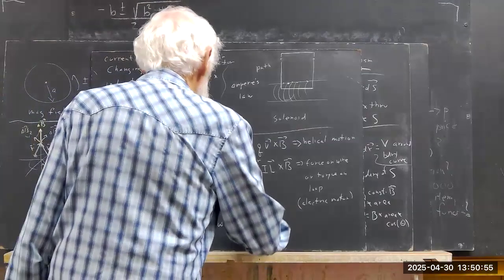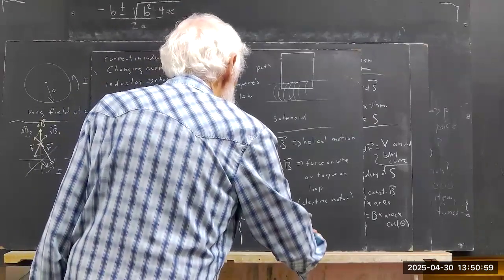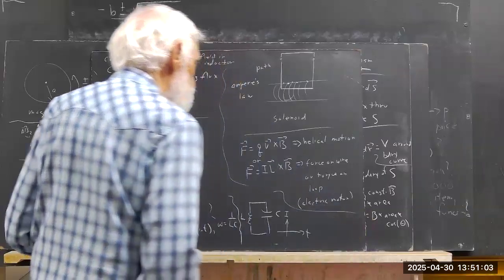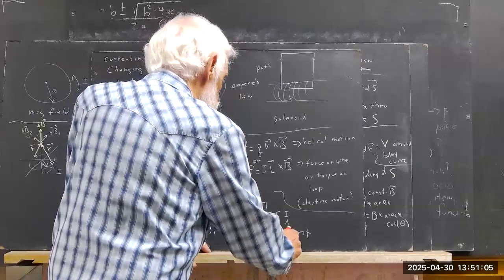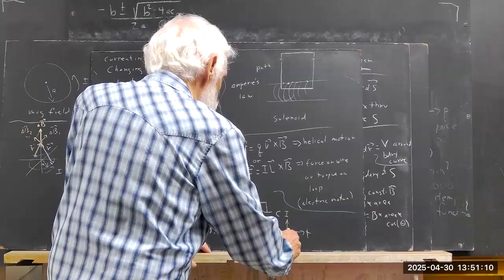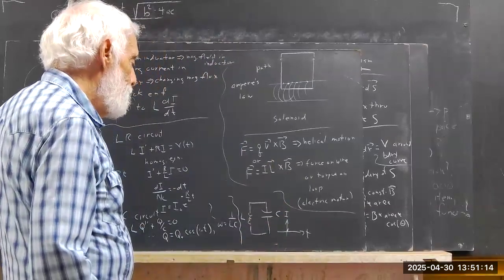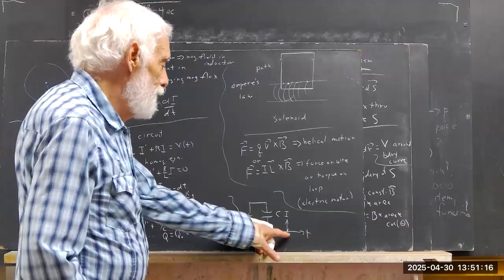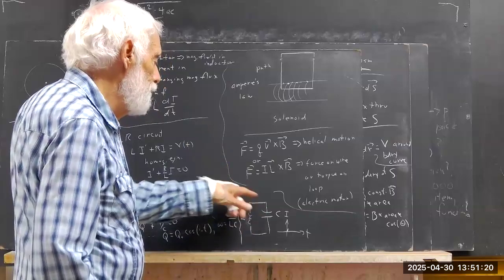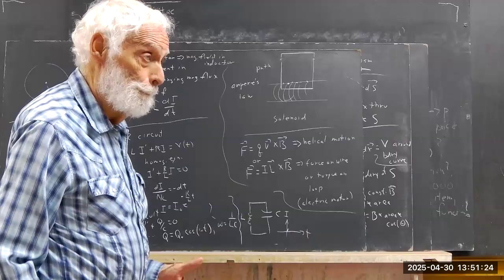So what you have is current versus time. The current starts increasing. That's pretty steep, where it's increasing kind of fast, but it can't increase instantaneously, even if you've got no resistance.